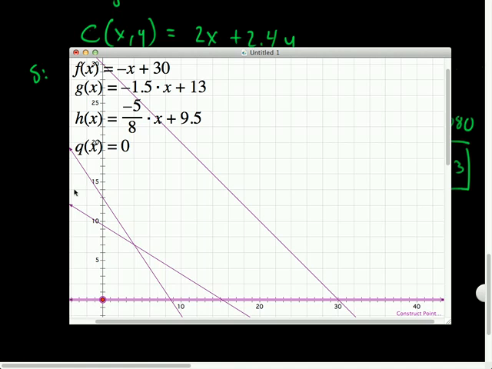I am going to throw my points here. There, there. This intersection right here between these two actually would have been a little bit tricky to get. You probably would have had to do a system of equations to find that.